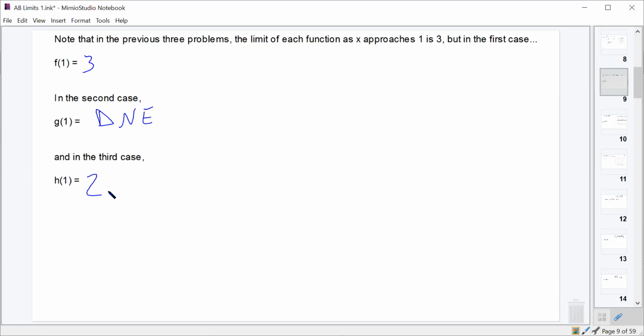So the limit can match up and have the same value as the function. The limit might exist even though the function doesn't exist, or the limit might be some number and the function might be some other number. All of those are okay. The limit can be the value of the function. The limit can exist and the function cannot exist there, or the limit and the value of the function might be different numbers, and that's okay. All good? Everybody okay with that?